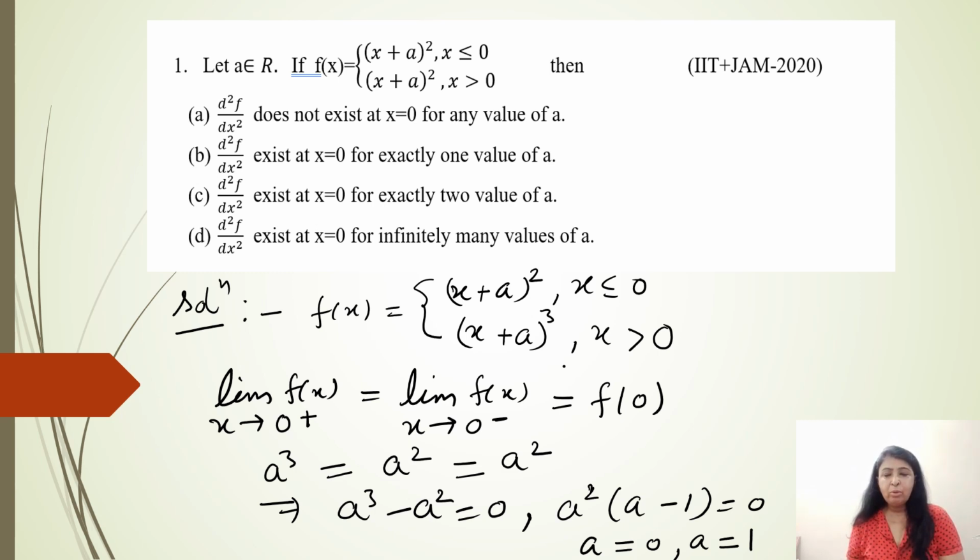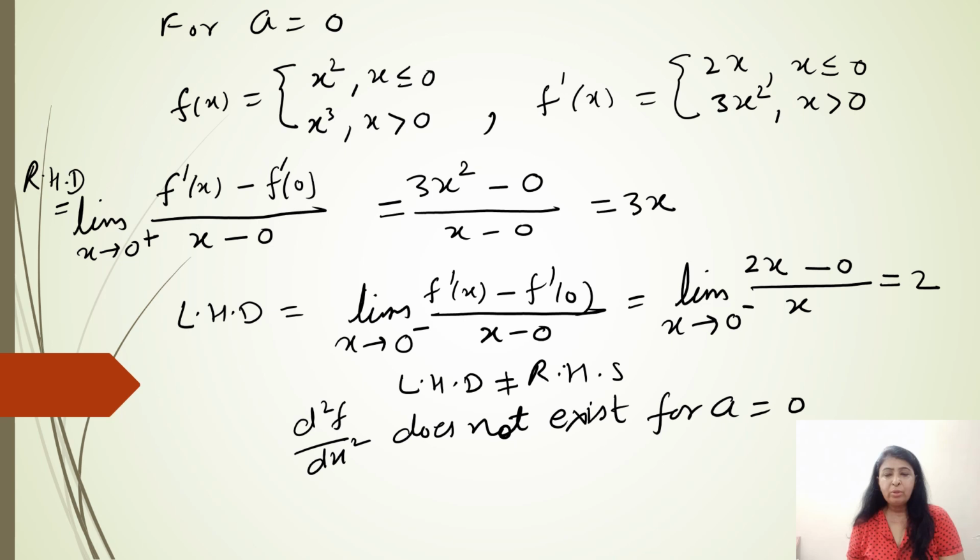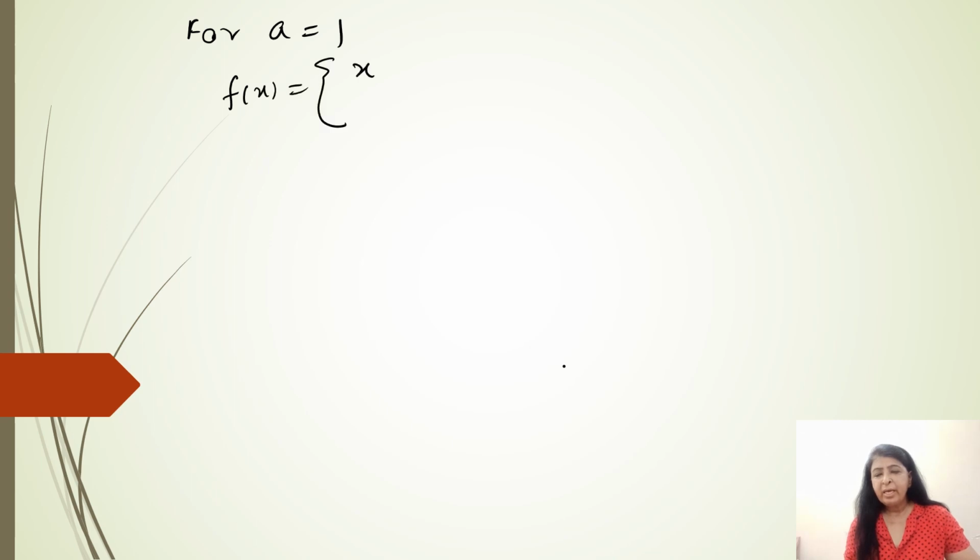So for a is equal to 0. Now f(x), so for a is equal to 1, we have the function f(x) as (x plus 1) whole square, x is less than or equal to 0, (x plus 1) whole cube, this is x is greater than 0.